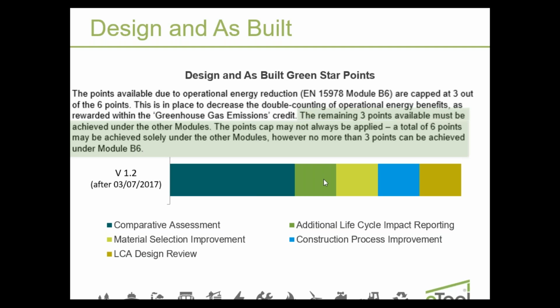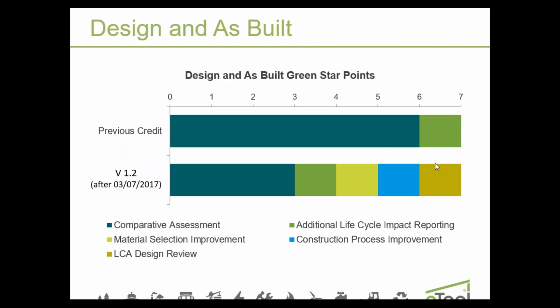The new thing about this credit 1.2 is that there are other categories where you can still get 4 points, and the sum of it will be 7. So just as in the previous credit, it is the additional life cycle impact report and 3 more different points.